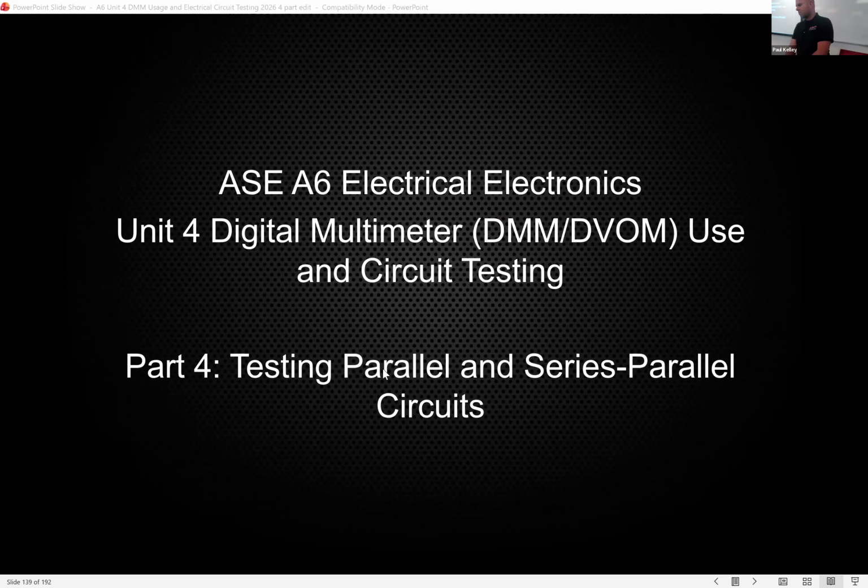Make sense? Whereas in a parallel, if R1 fails, R1 will not have any current flow, but the path with R2, R3, and R4 will remain just fine. They'll be the same.